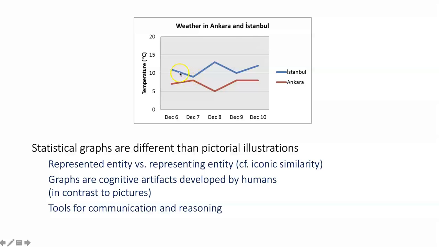This may look very stupid to you, but it is important to understand that this spatial similarity stuff doesn't work in graphs. If I say that the temperature started to increase, it would be a misnomer. I wouldn't say that it started to increase at the midnight of December 7. These are all conventions.